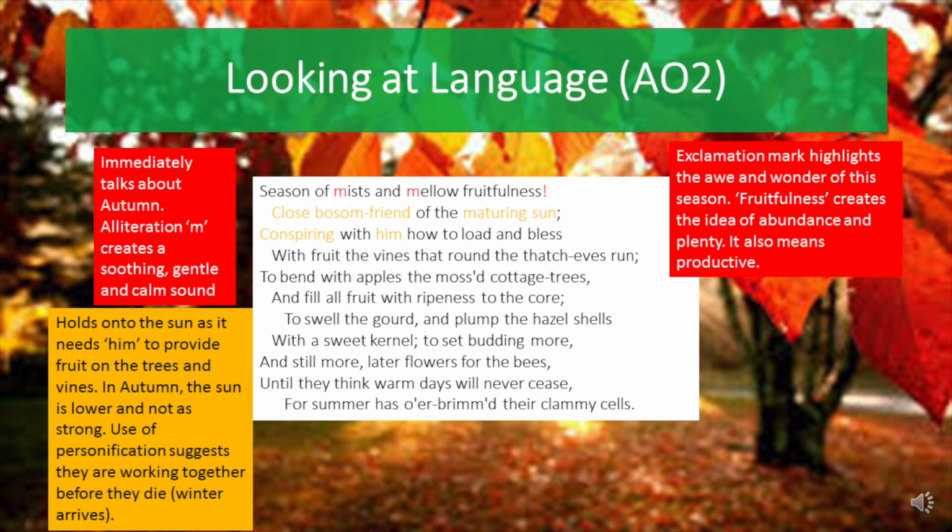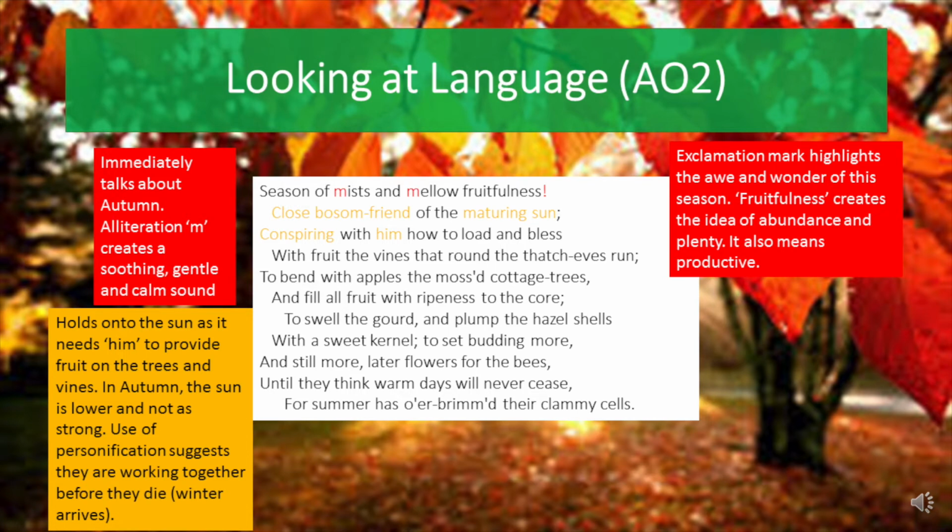So the autumn, if you think about personification here, this is where it can get quite complex, but just think along these lines, that autumn is almost human, okay? So it holds on to the sun as it needs him. So he has used the word him when it refers to the sun. Each of them need each other here to provide fruit on the trees and the vines.